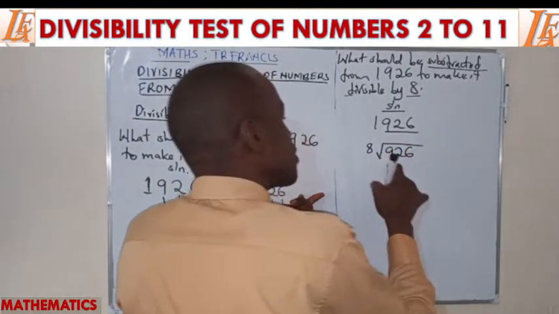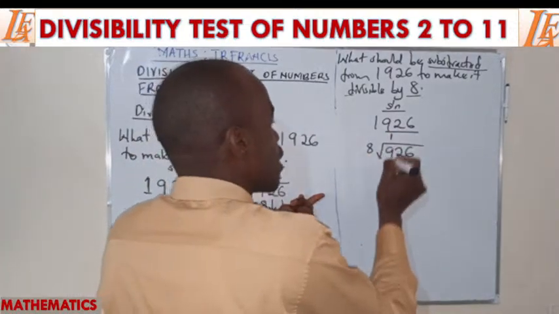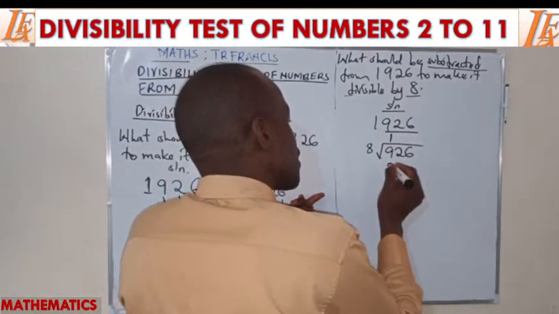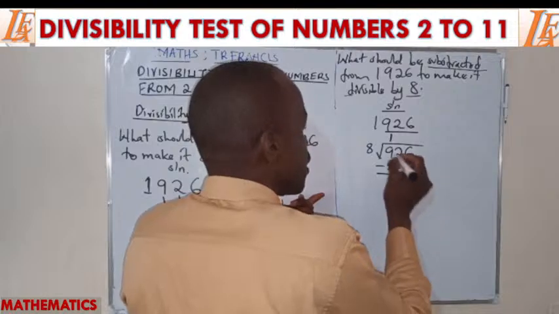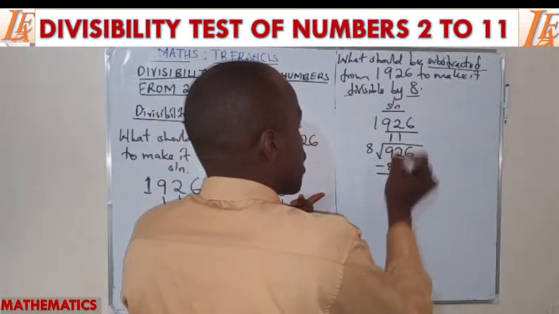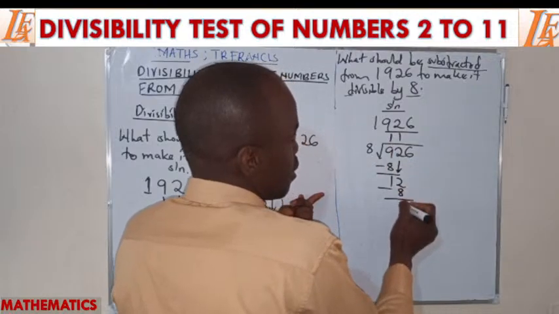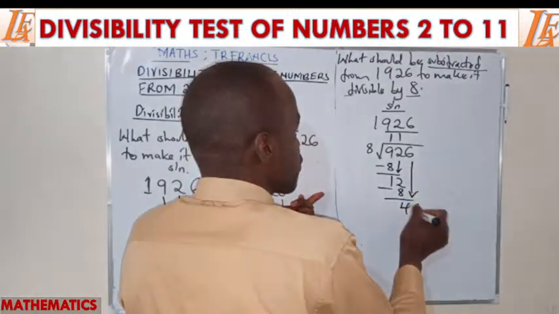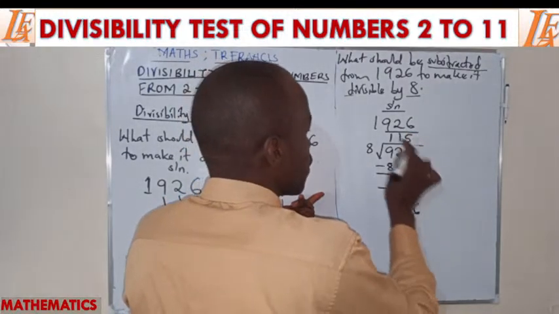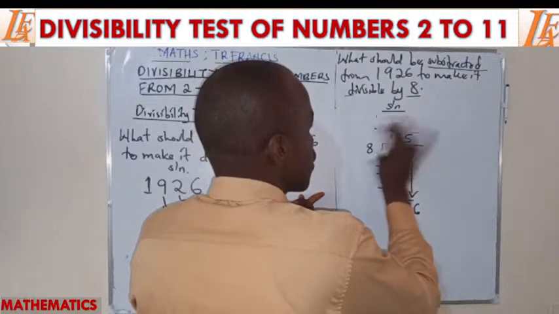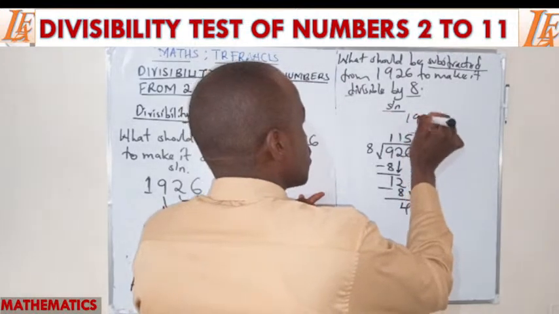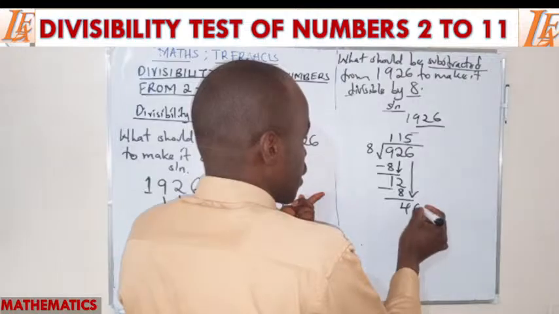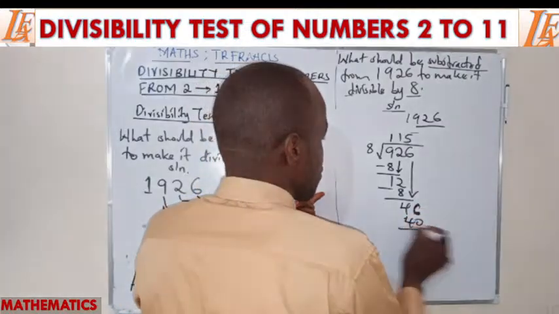So 926 is being divided by 8. The same thing: 1, here 8, then 12, 8, remainder 4. This brings us 46, which is 5, and 40.